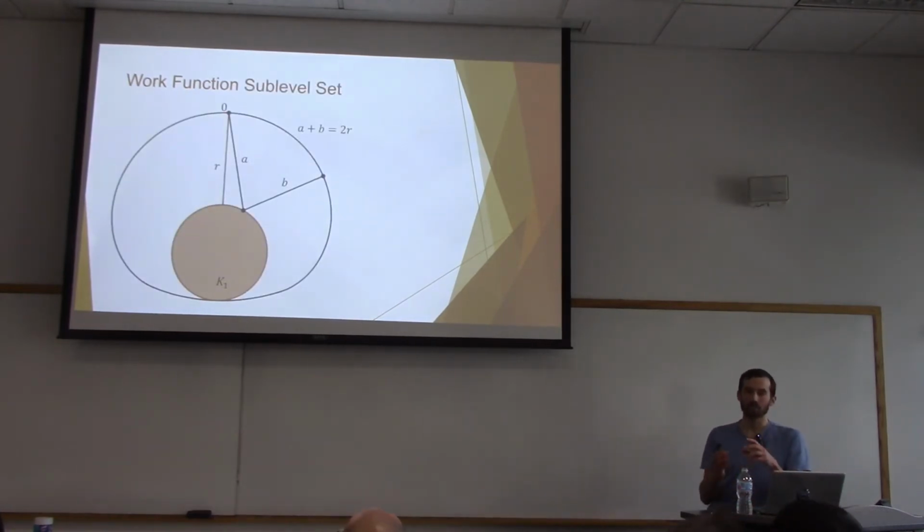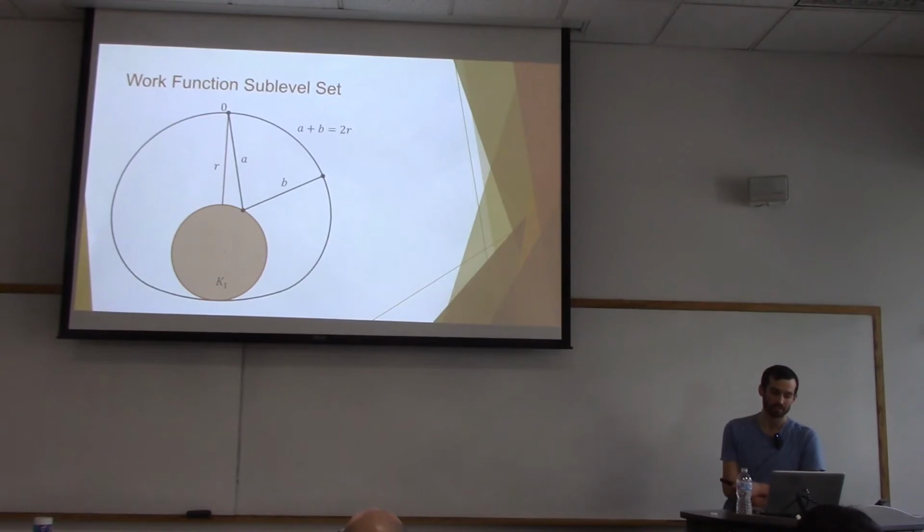The set that we're going to care about is a sub-level set of the work function. So here I've given an example where I'm just going to look at time 1, and this is my original convex body. The optimal point at this time is just to project onto that body. And this black line right here is all the points whose work function value is exactly equal to 2r.